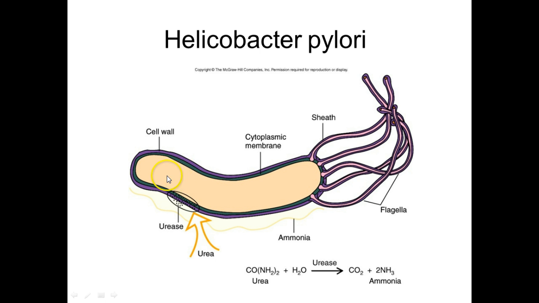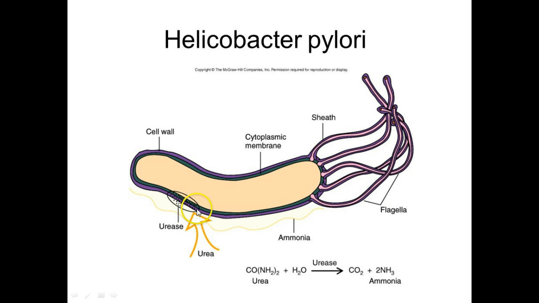This is a very interesting bacterium, in that it has a protective sheath around it, and this sheath produces an enzyme called urease, and urease can take the urea, which is a byproduct of the breakdown of proteins during digestion in our stomach.